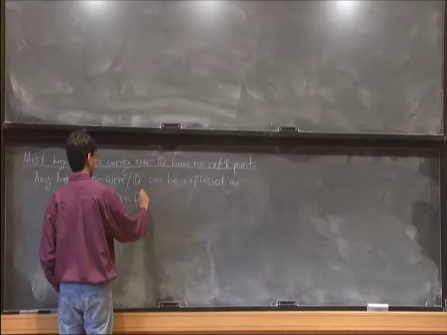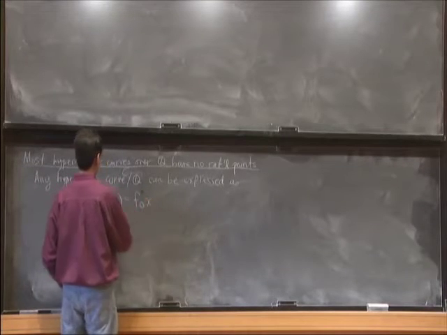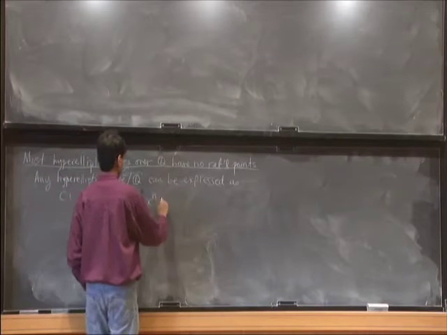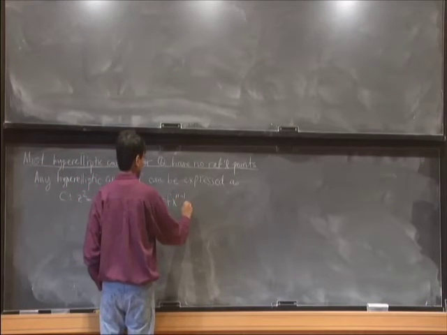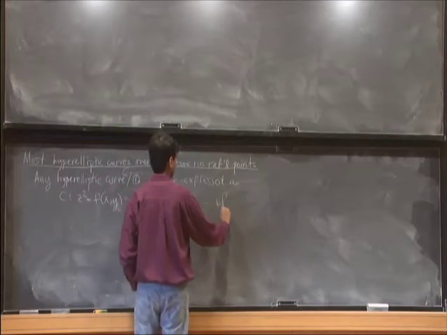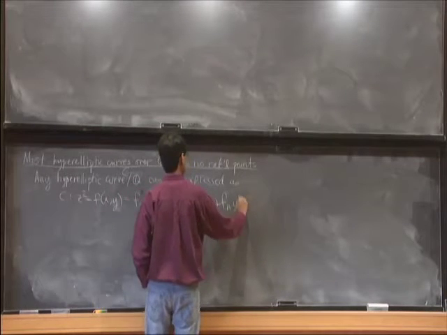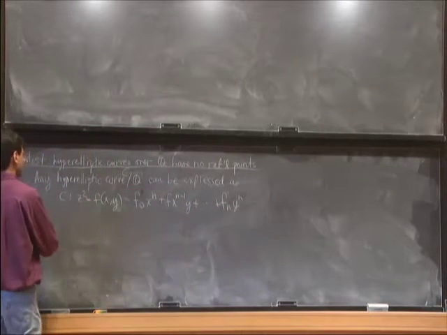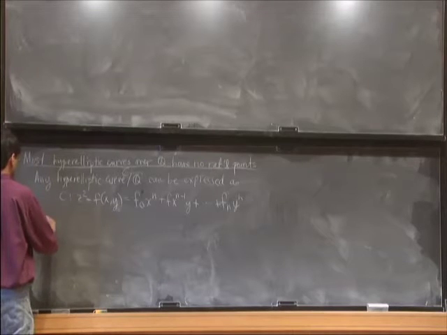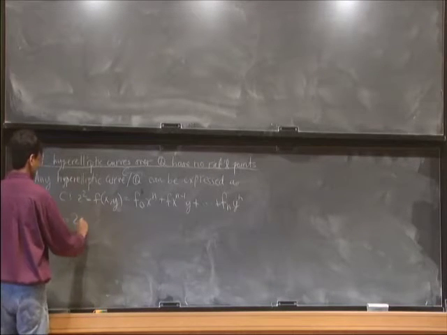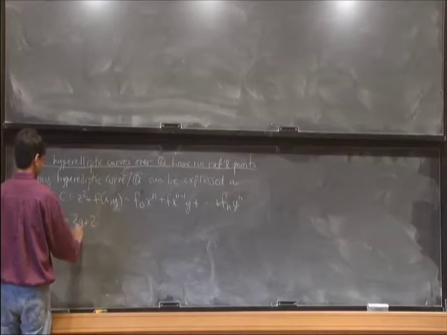I'll always write it in the following way: f0 x to the n plus f1 x to the n minus 1 y plus ... plus fn y to the n, where n is given by 2g plus 2, and g is the genus.